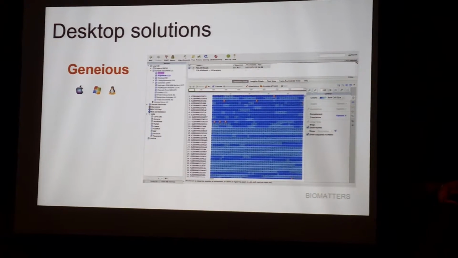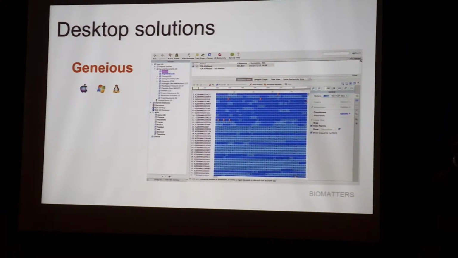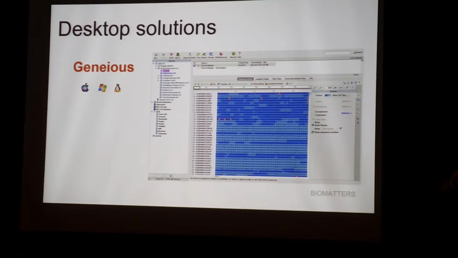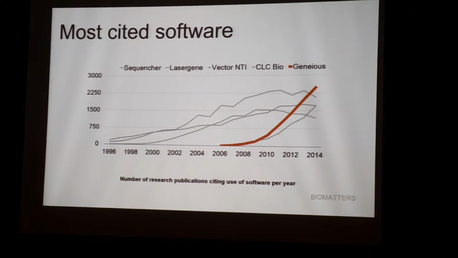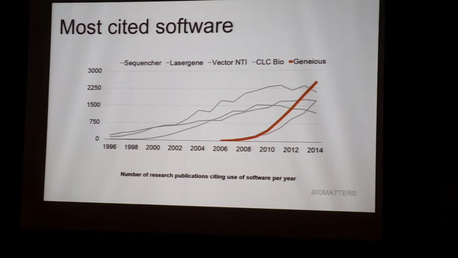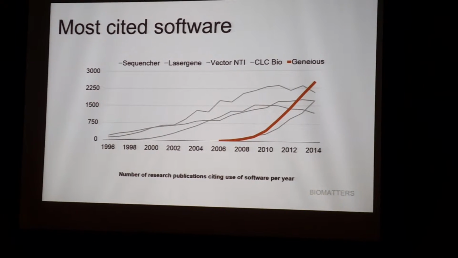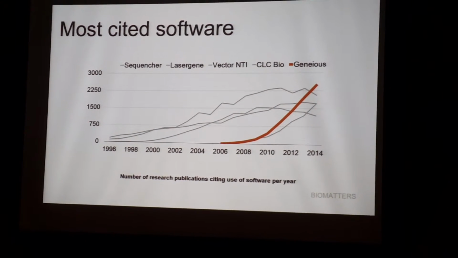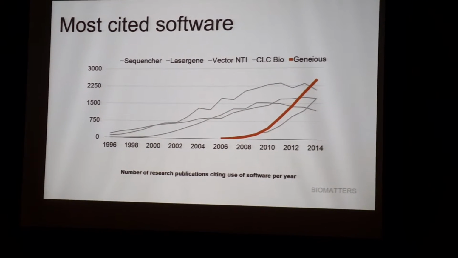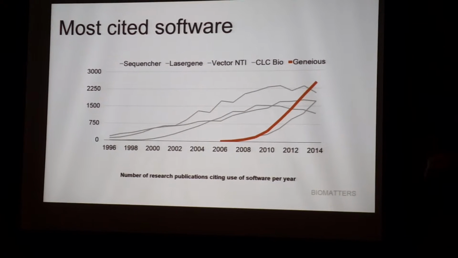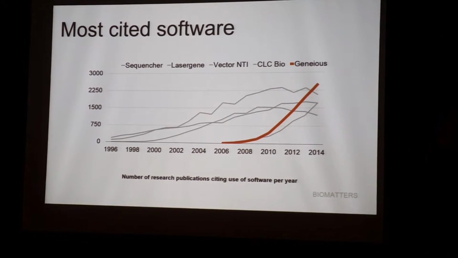The main focus of Biomatters is to provide tools for NGS analysis, molecular biology, and phylogenetics. And over the years, we have been cited and used quite a bit. We are now the most cited commercially available software, and we really pride ourselves on the number of publications that are being accepted using our software for the analysis part of that.